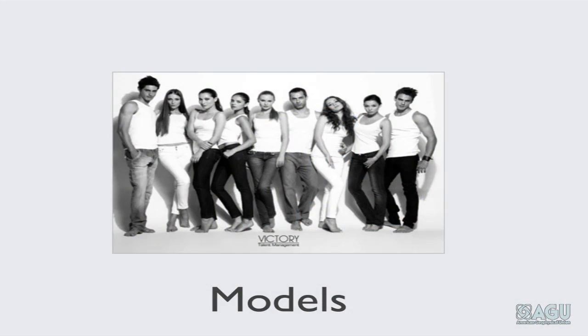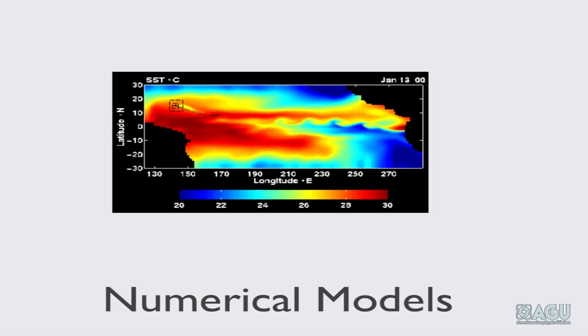So we collected a lot of data, but what can we do with that data, right? We can talk a little bit about models, but not that kind of models, of course. We're talking about numerical models. Numerical models are not as sexy as that picture that we were looking at, but they're very important to try to understand climate and to explain the changes in your data.